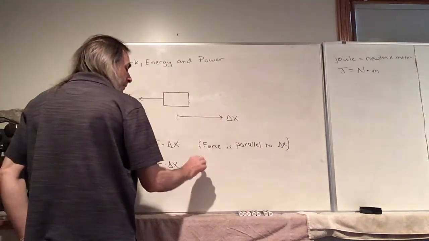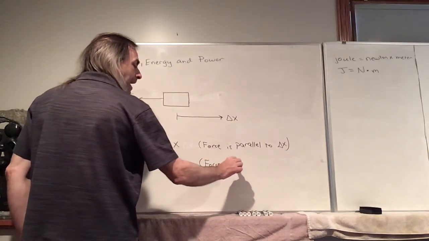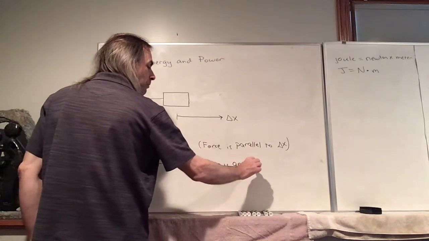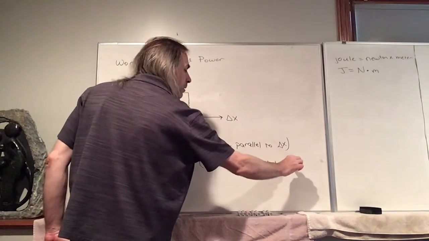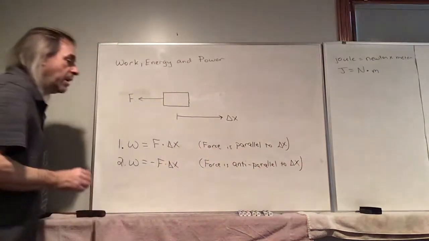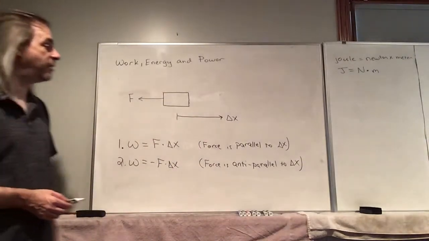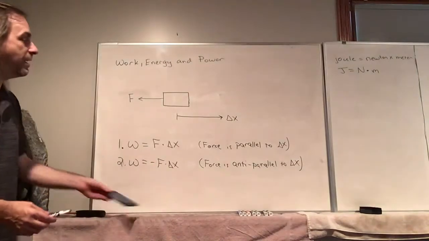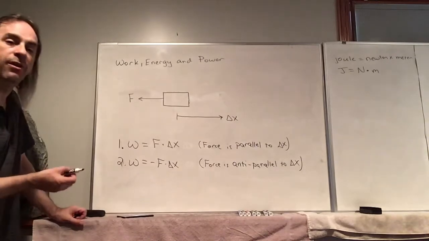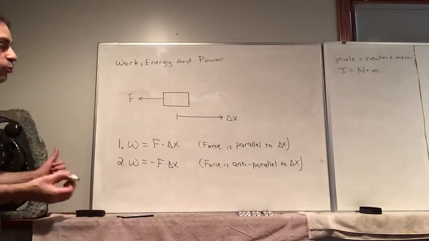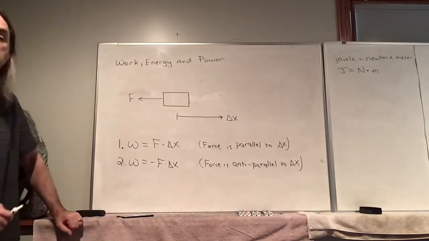So here the force is anti-parallel to displacement. They're along the same line. Displacement is to the right, force is to the left, but they're in opposite directions. So if you have a line of force and a line for displacement, the lines are parallel, but because they have directions and they're opposite, we say that the force is anti-parallel to the displacement.